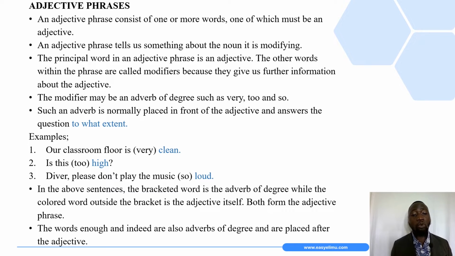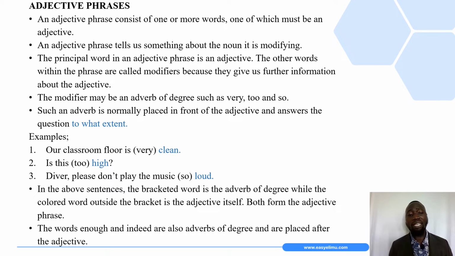I want you to pay attention to the words that are bracketed, and again pay attention to the words that are highlighted using the blue color. In the above sentences, the bracketed word is the adverb of degree, while the highlighted word outside the bracket is the adjective itself. Both form what we call the adjective phrase.